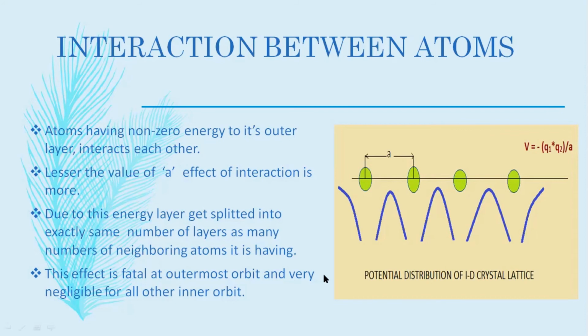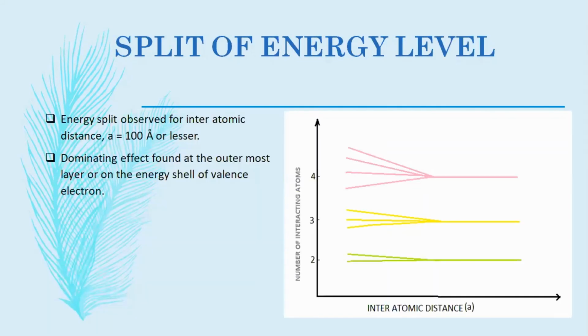This effect is much more pronounced for the outermost orbit of the electron. The inner orbits of the electrons have some effect as well, but not as much as is observed by the valence electron. So if you consider the issue again with this graph, this is the interatomic distance and this is the number of interacting atoms.